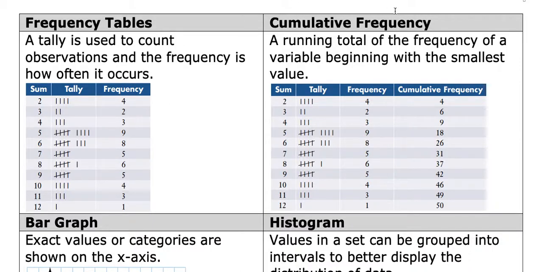So we're going to discuss tables first. There's frequency tables, which can be used in a study. A tally is used to count observations, and the frequency is how often it occurs. So if we were to look at the sum of two dice being rolled, if we were to complete an experiment live and we wanted to record the results, we don't want to write down the numbers.